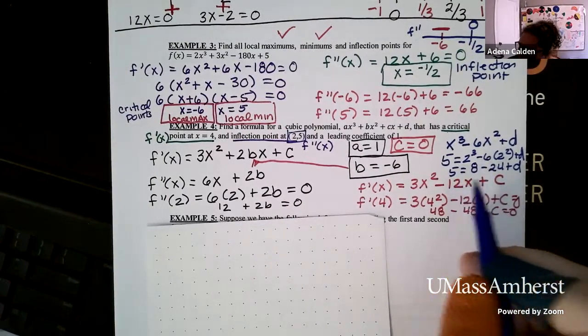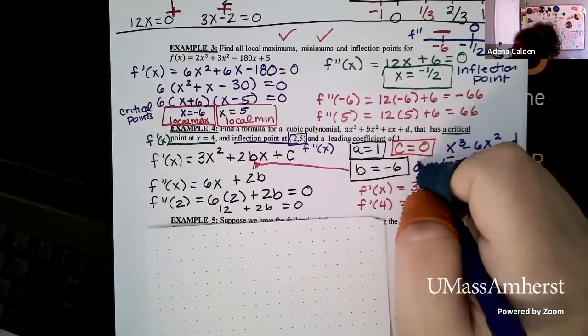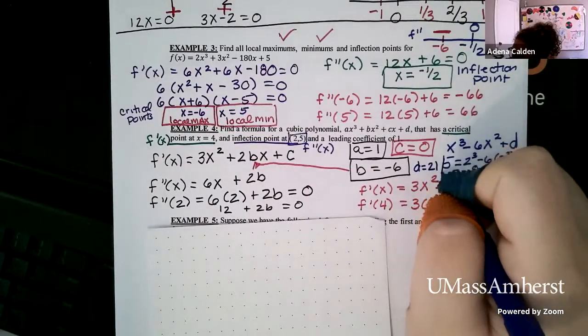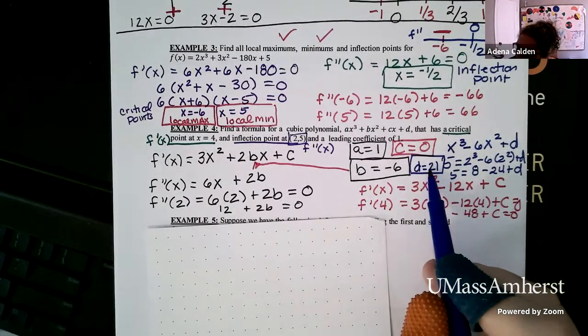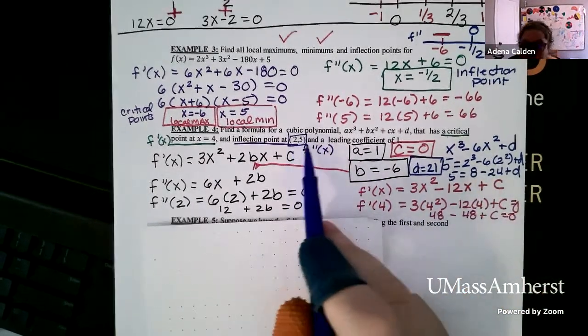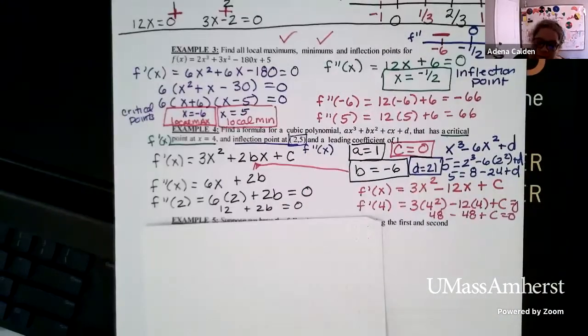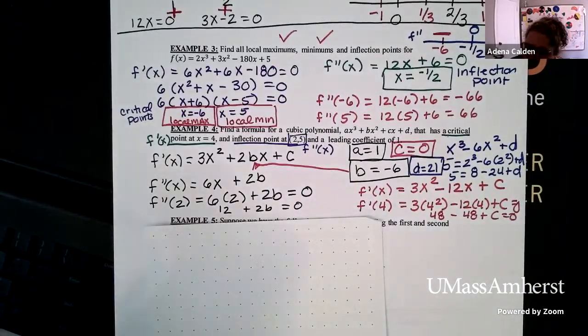So I add that over and I get that d equals 21. Okay, so I'm able to solve for d by using the point that's on the original function, but I'm not able to do that until I have all the other values.